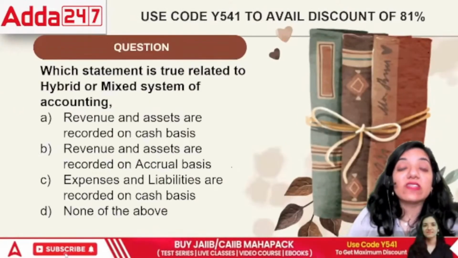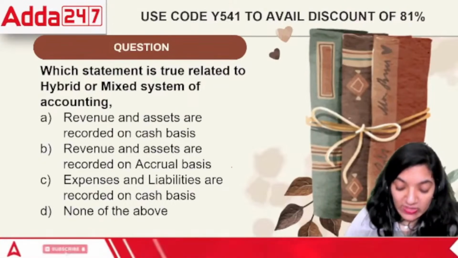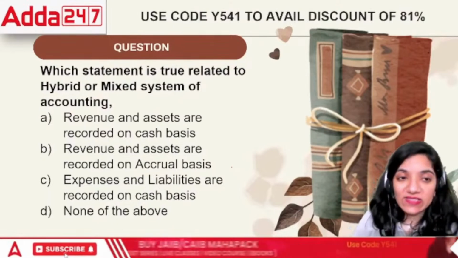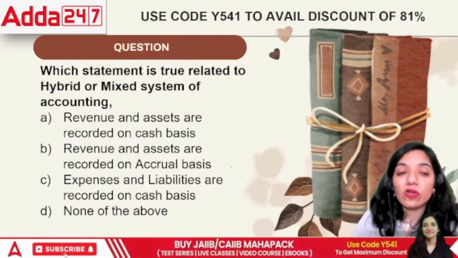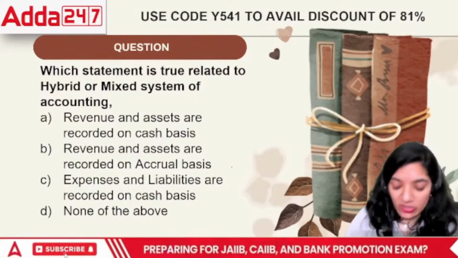Next question, which statement is true related to the hybrid or mixed system of accounting? Revenue and assets are recorded on accrual basis, or expenses and liabilities are recorded on the cash basis, or none of the above?